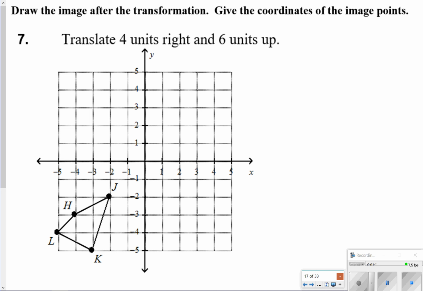For number 7, on the next page, you're translating the figure 4 units right and 6 units up. This is easy because all you have to do for each individual point is count 4 to the right, 1, 2, 3, 4, and 6 up, 1, 2, 3, 4, 5, 6. So that means J prime should be at 2, 4. H prime, which is the first point on your list, should be at 0, 3.